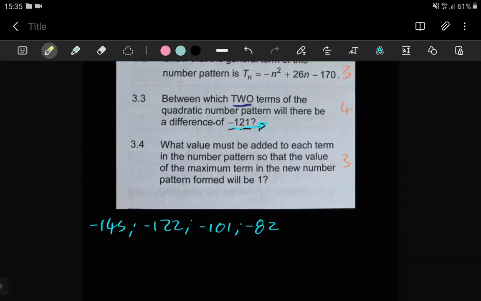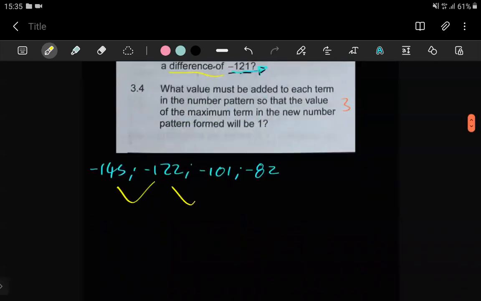So anyways, to start off, what they're referring to here is the sequence of first differences. What is negative 82 minus negative 101? Was it 19?